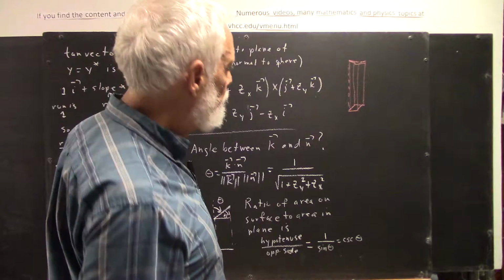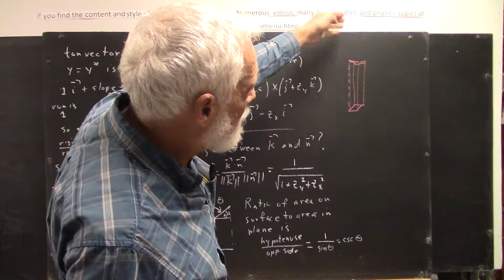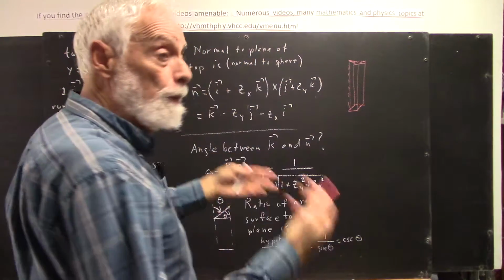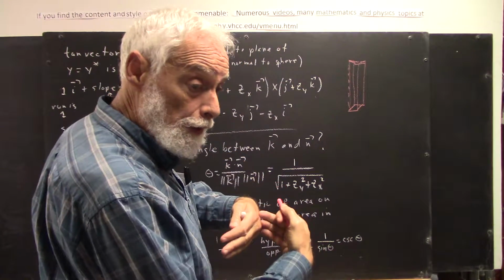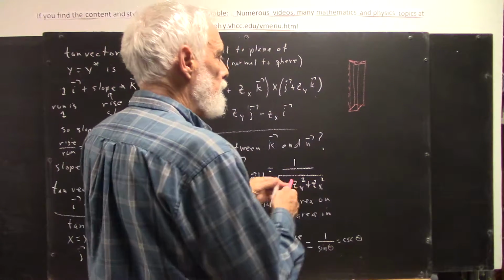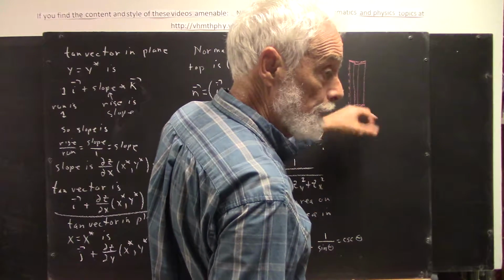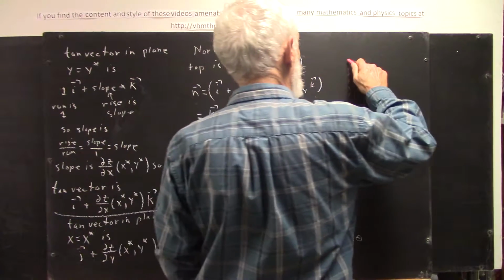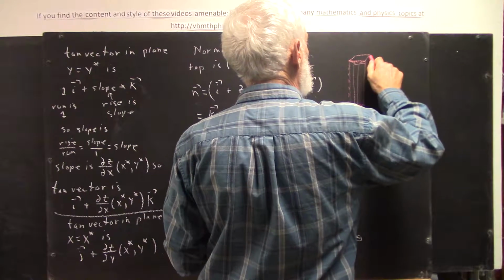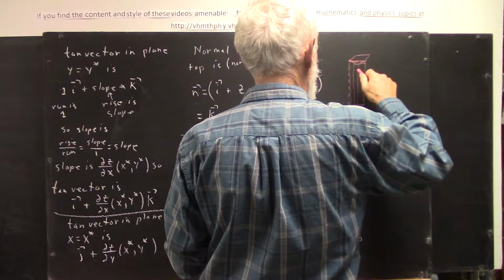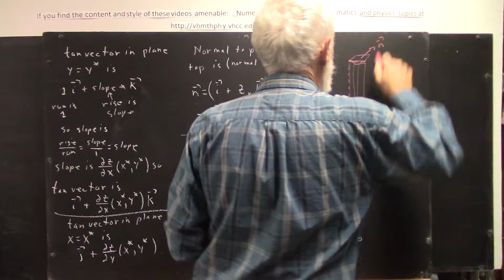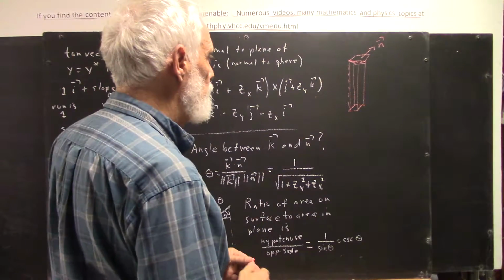I haven't drawn that top very well, but the top is at some angle. Now, it's on a sphere, and the way I drew the point in the first quadrant of the xy plane, the x star, y star, the slope of this thing is actually negative in the x direction and negative in the y direction. So really, the graph would be coming down here, like this. Anyhow, you get the idea. And there's some normal vector. That's not a good drawing, but you get the idea.